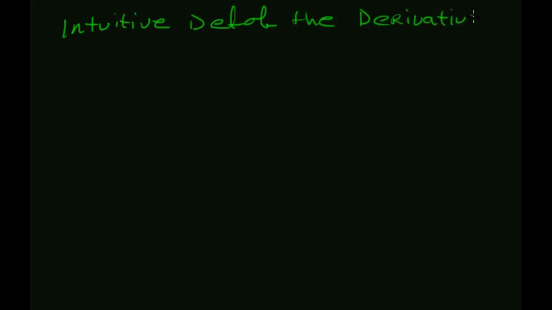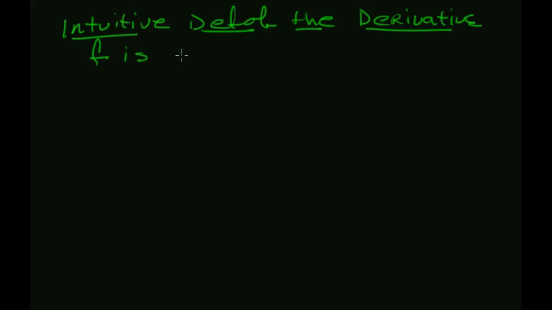Okay, so what we've basically just established is what I'm going to call the intuitive definition of the derivative. So velocity and acceleration and position are all continuous functions.